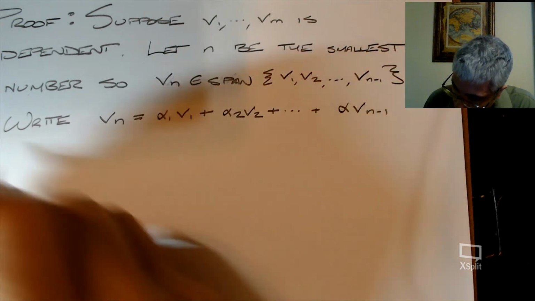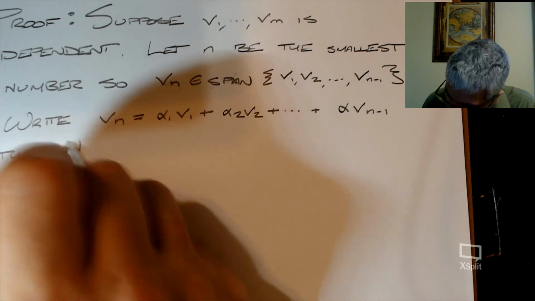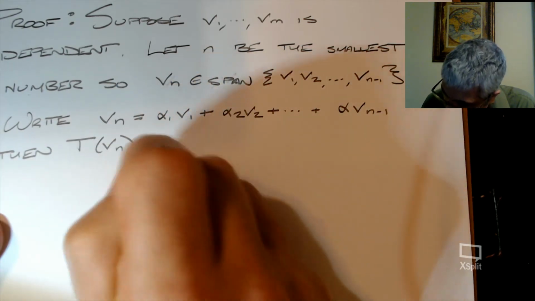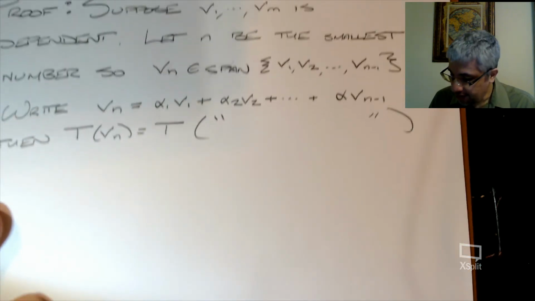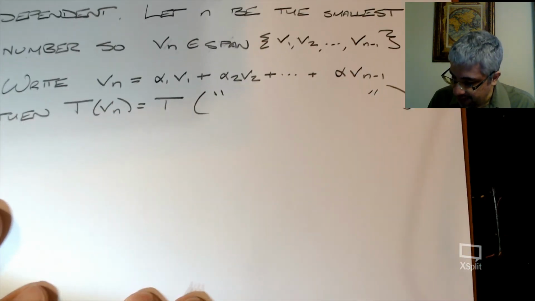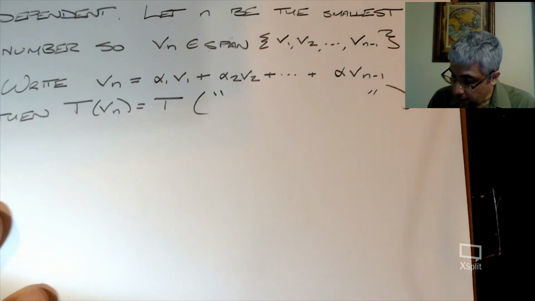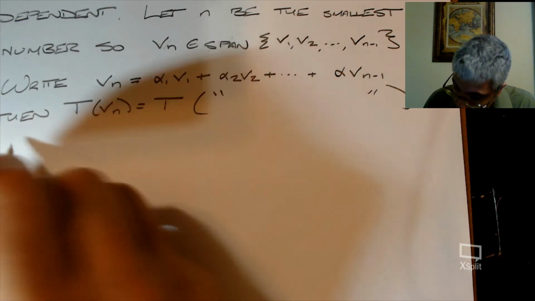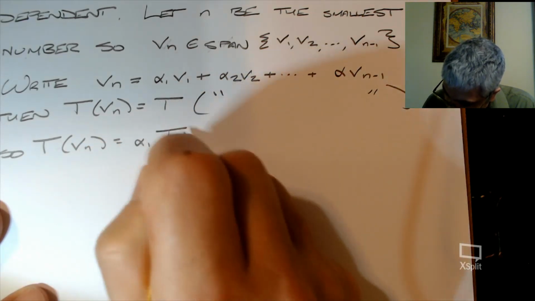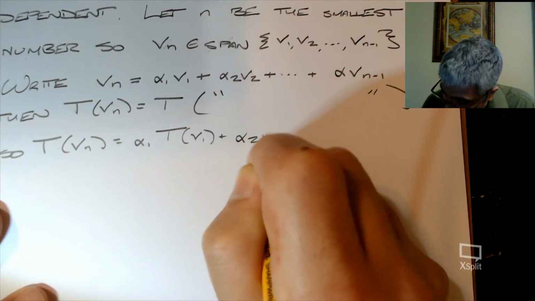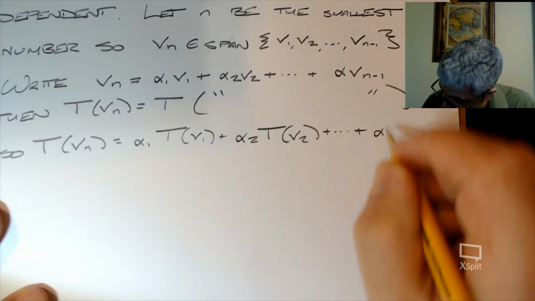Okay, so I know t of Vn equals t of this. So t, where this is just placed there. And what do I know? Well, t is linear. And we still haven't used the fact that these are eigenvectors.